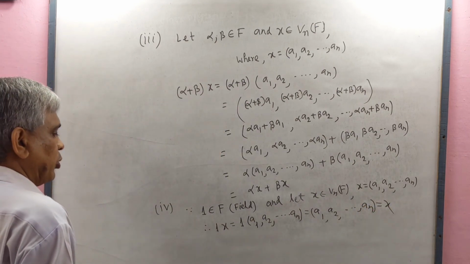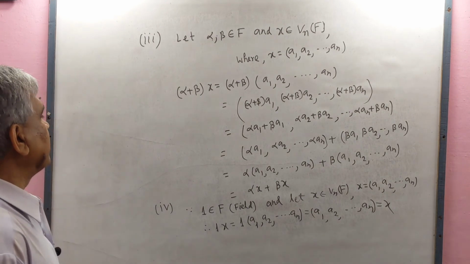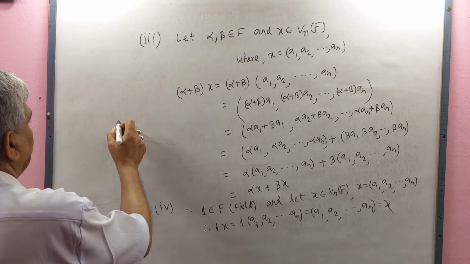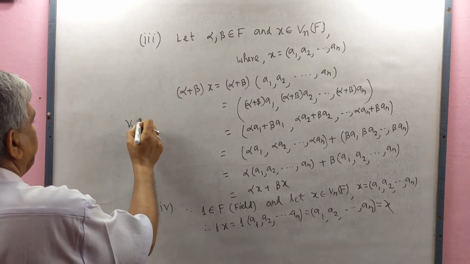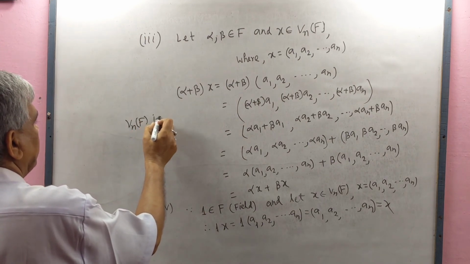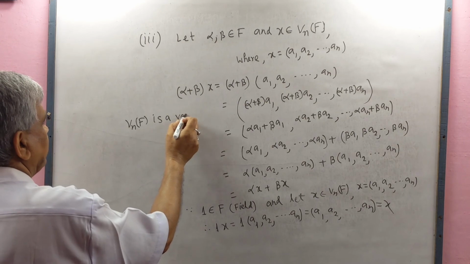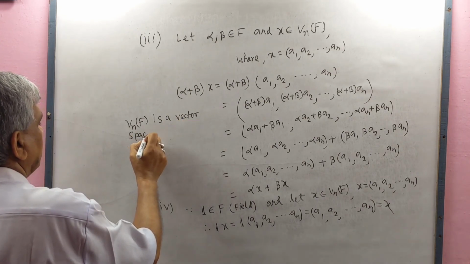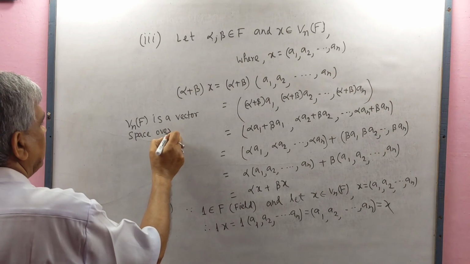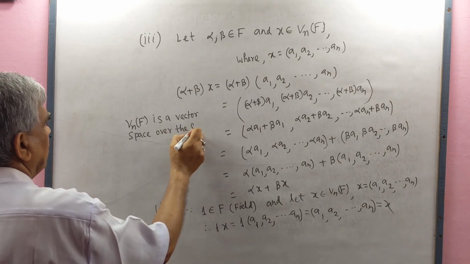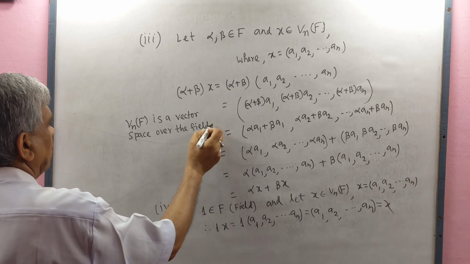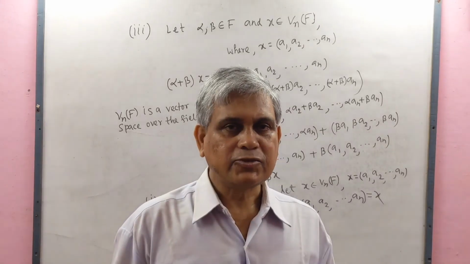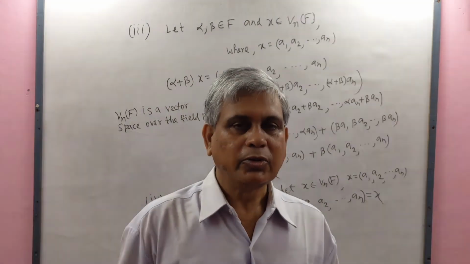So all the properties of the vector space are fulfilled. Hence, VnF is a vector space over the field F. Proved.